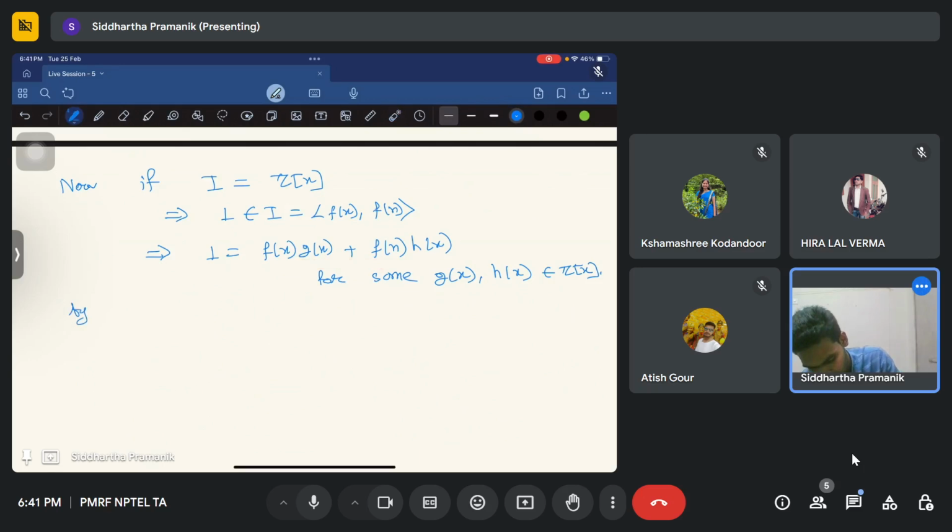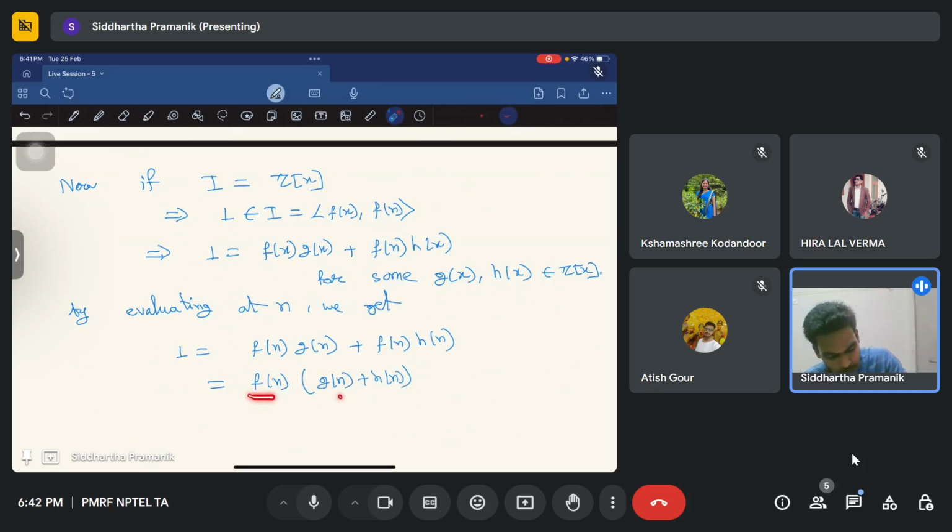So by evaluating at n, we get 1 equals f(n) times g(n) plus f(n) times h(n). So this you can write as f(n) times (g(n) + h(n)).